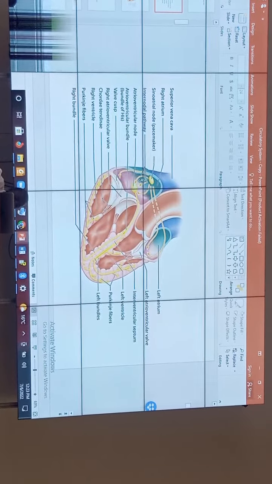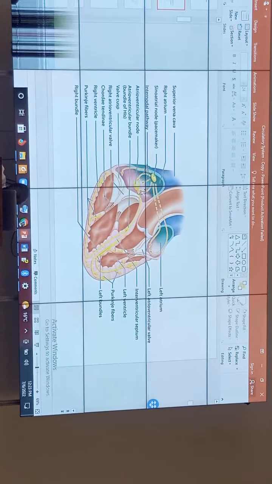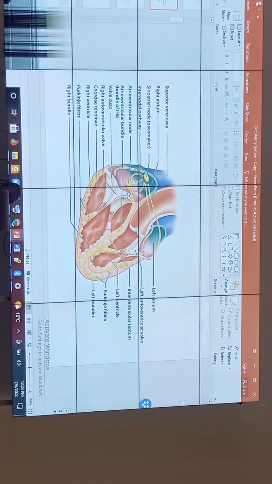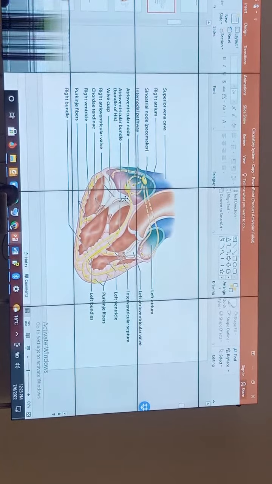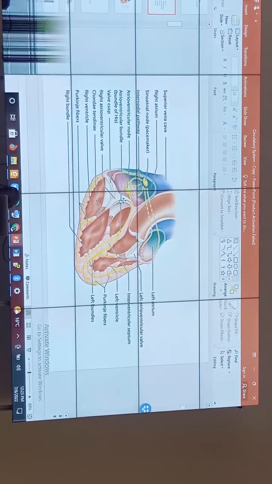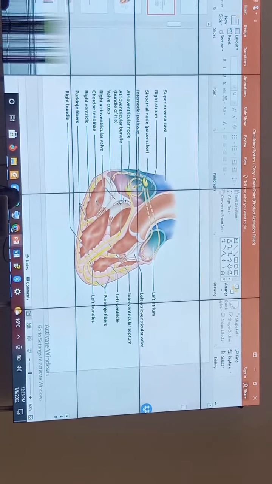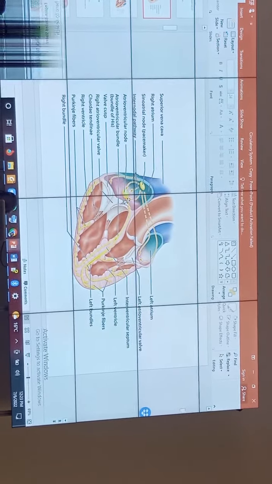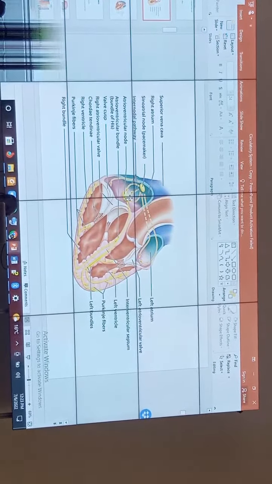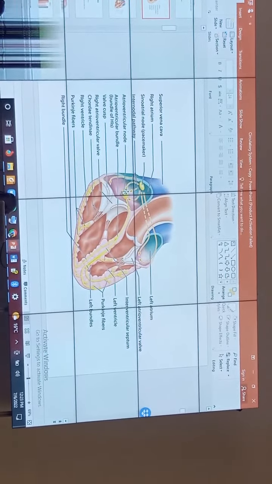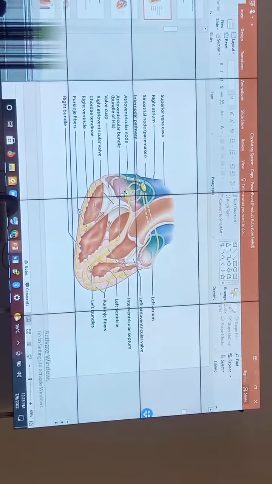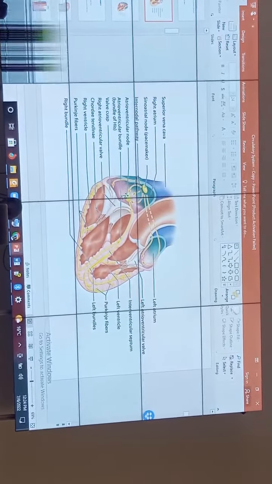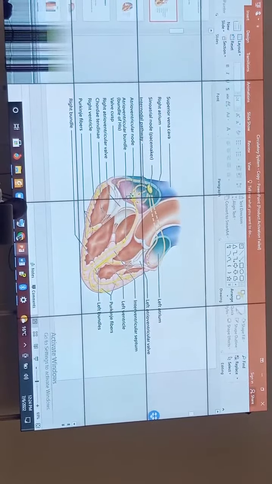In the floor of the right atrium, to be specific the part of the floor closer to the interatrial septum, on the septal area, we find these special cells, the AV node. AV simply means atrioventricular node.